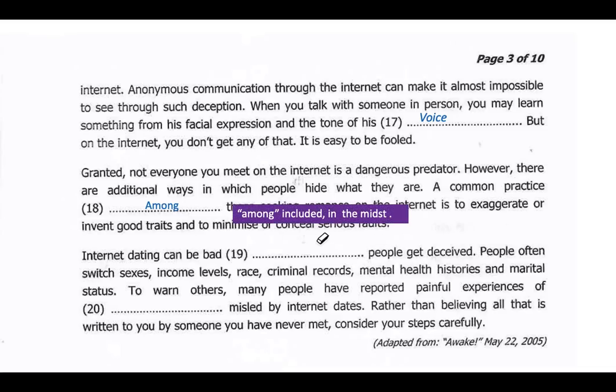The word among means included, in the midst. So that's what it means.